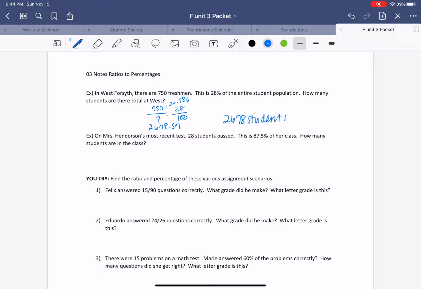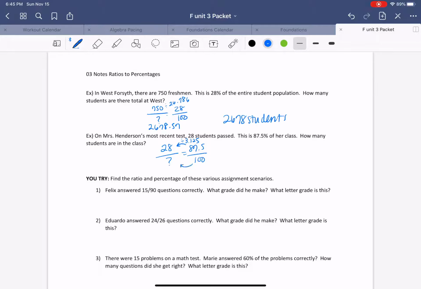On my most recent test, 28 students passed. This is 87.5% of your class. How many students are in the class? So 28 out of how many passed? This is equal to 87.5 over 100. So I divide 87.5 by 3.125.